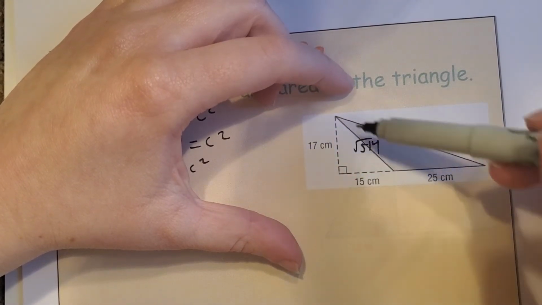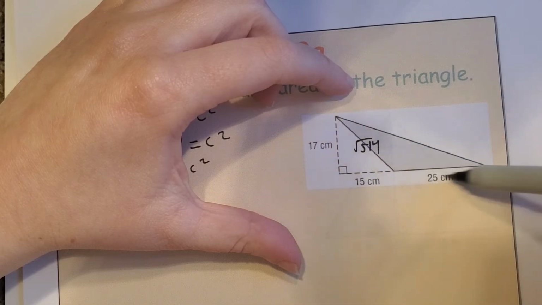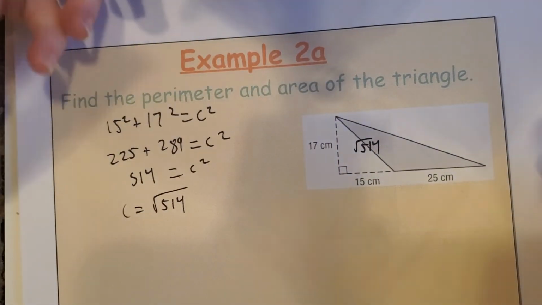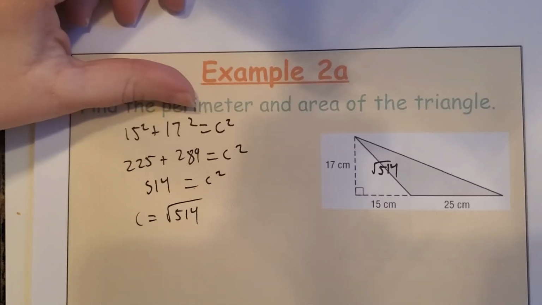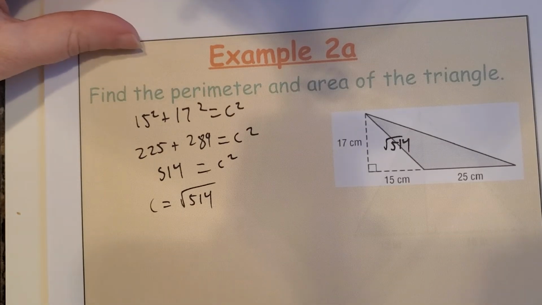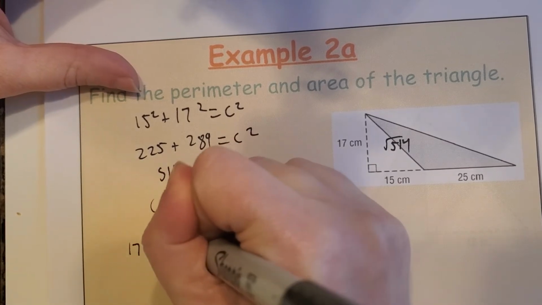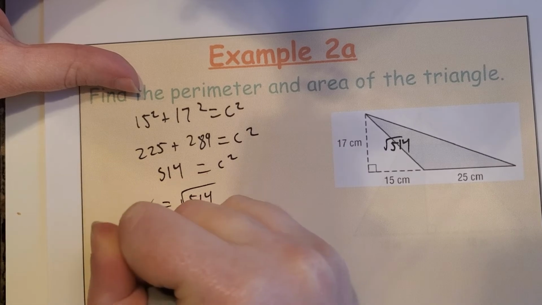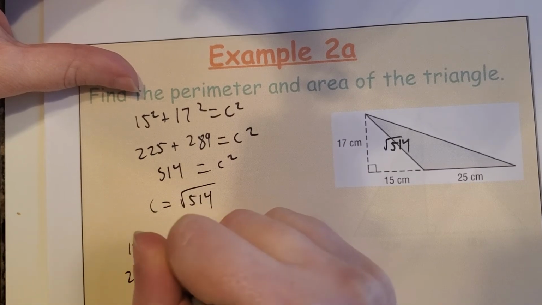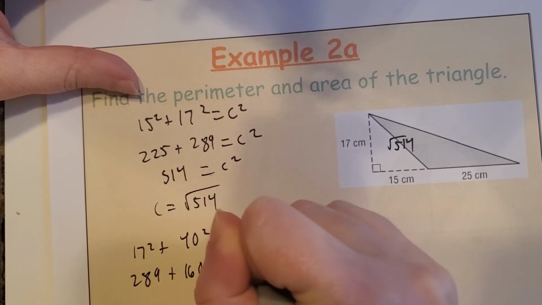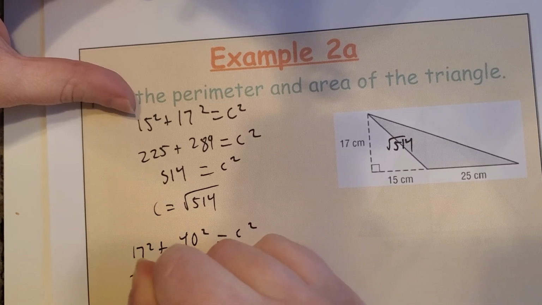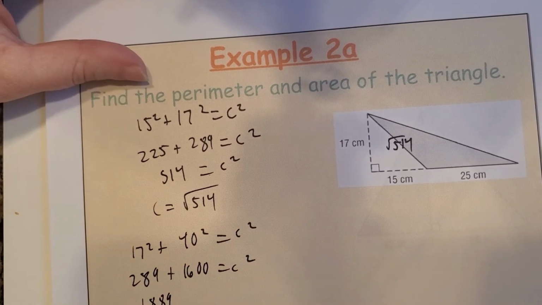So this is going to be the hypotenuse of our whole big right triangle. So I think we're going to have to do the Pythagorean theorem all over again. 17 squared plus 15 plus 25 squared. So that's 40 squared. So 289 plus 1600. So that's 1889. Ugh.